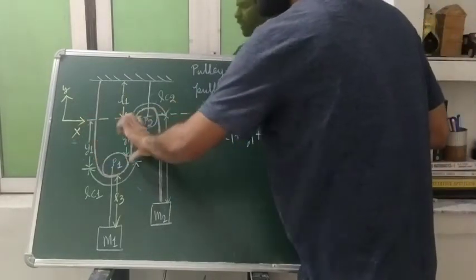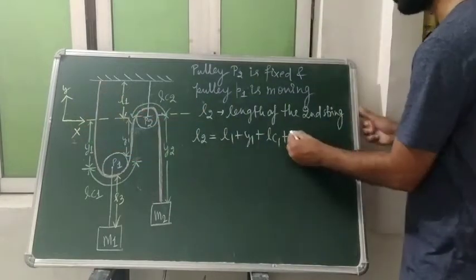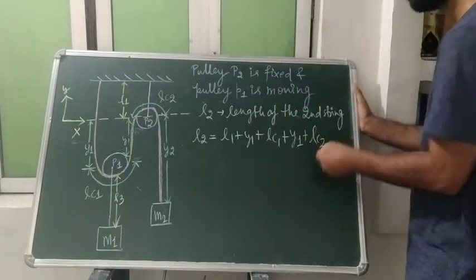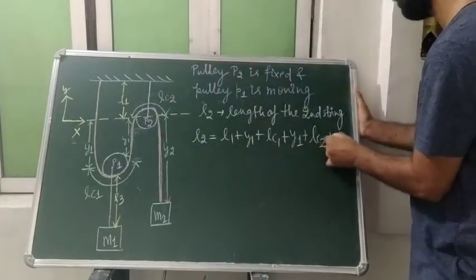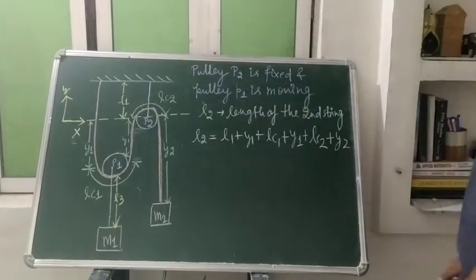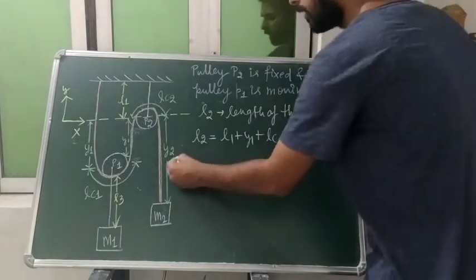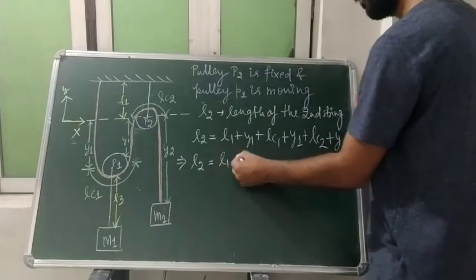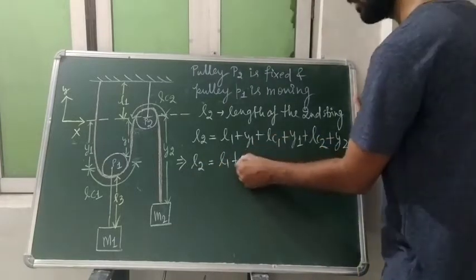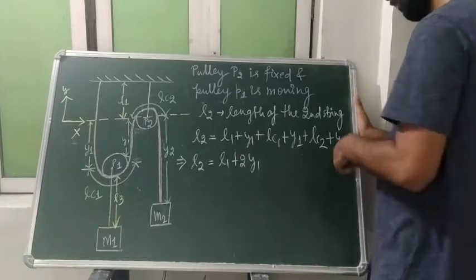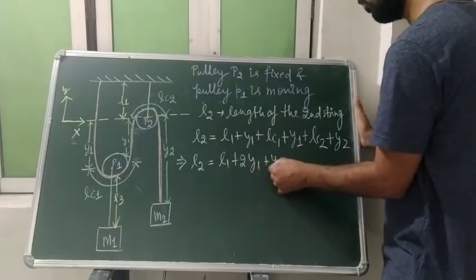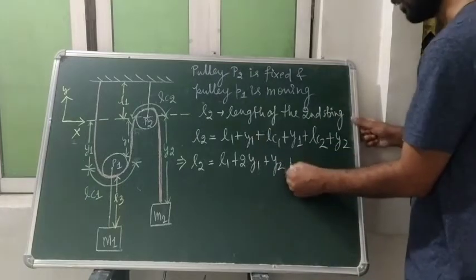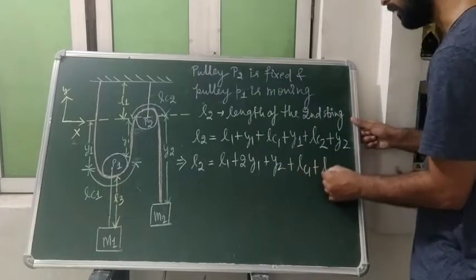Whatever will be the length here, the same length will be present here. So this Y1 plus this LC2 and plus this Y2. So from here we will get that our L2 will be equal to L1 plus Y1 plus Y1, which will become twice Y1, plus Y2, so twice Y1 plus Y2 plus LC1 plus LC2.